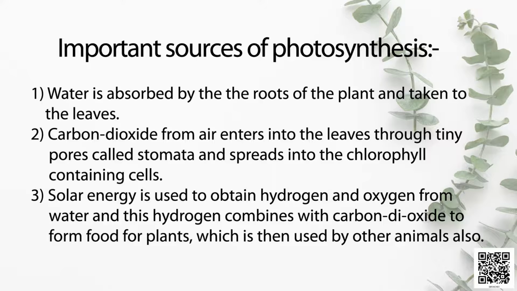Carbon dioxide from air enters into the leaves through tiny pores called stomata and spreads into the chlorophyll containing cells. Solar energy is used to obtain hydrogen and oxygen from water, and this hydrogen combines with carbon dioxide to form food for plants, which is then used by other animals also.